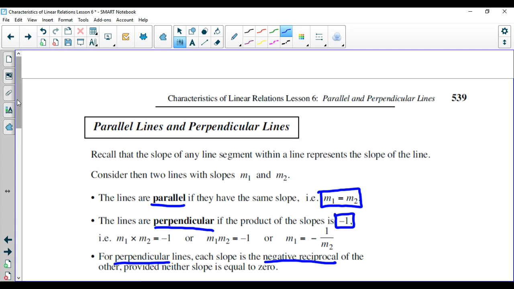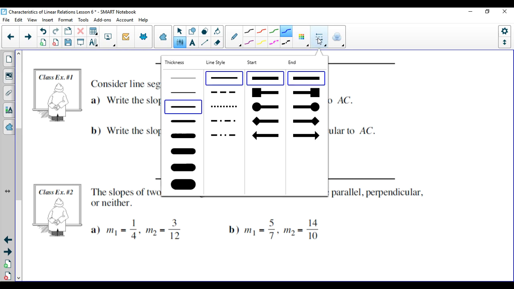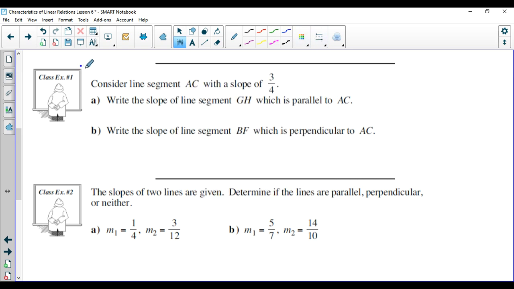Okay, so let's start to make use of this now. Consider line segment AC, which has a slope of 3 over 4. Write the slope of the line segment GH, which is parallel to AC. Well, we know the slope of AC is equal to 3 over 4.